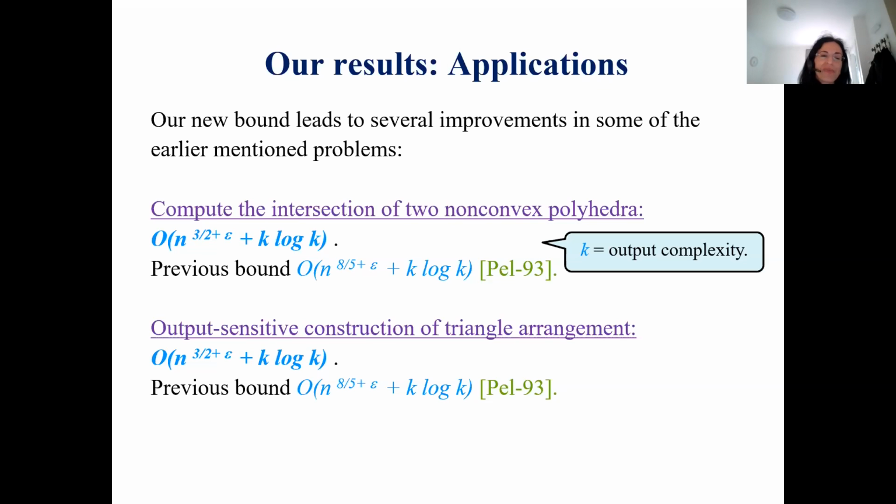I just want to make a comment. You really obtain a better bound than what was known before, but what is known before for computing three-dimensional arrangement of triangles has quadratic overhead, but it really gives you a full description of the three-dimensional decomposition.